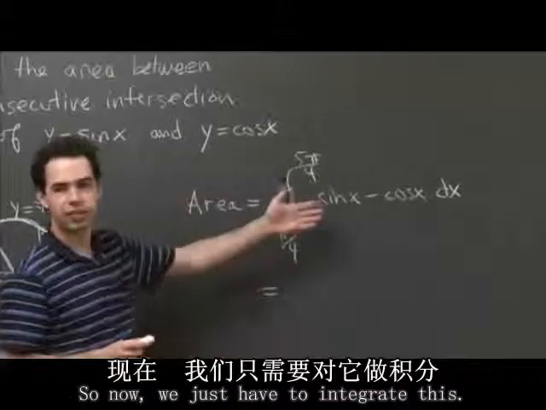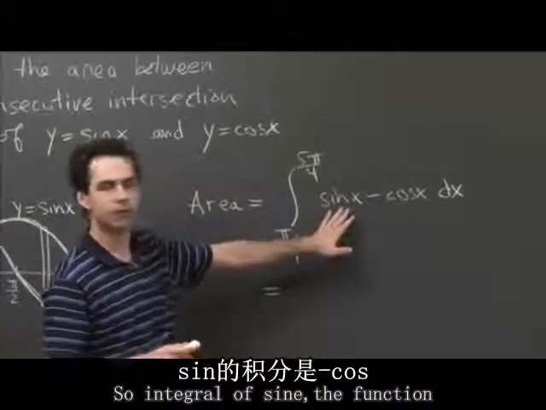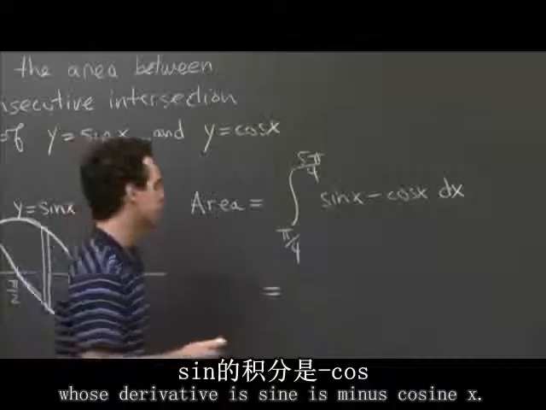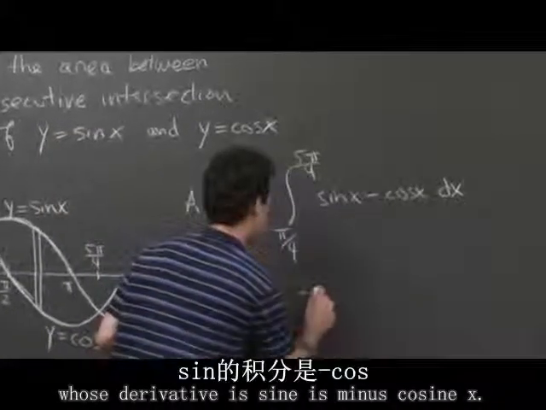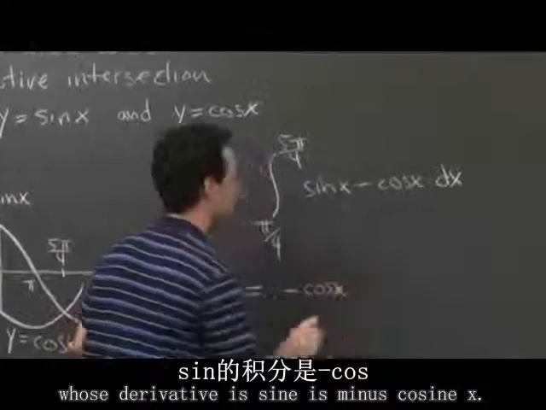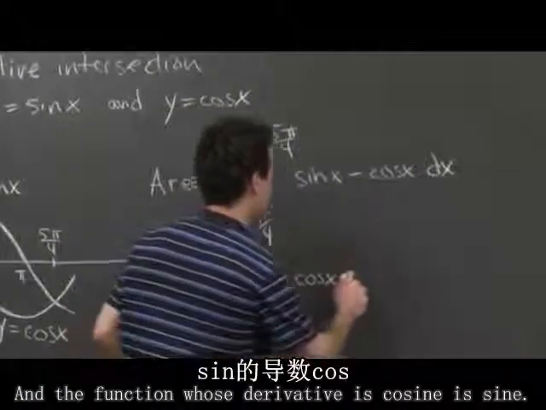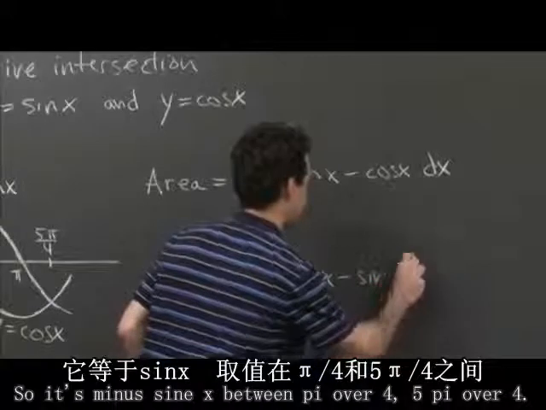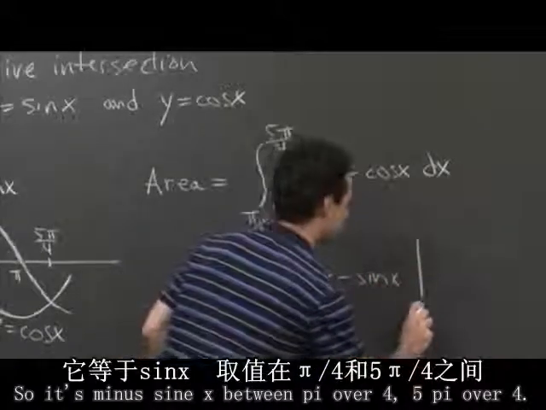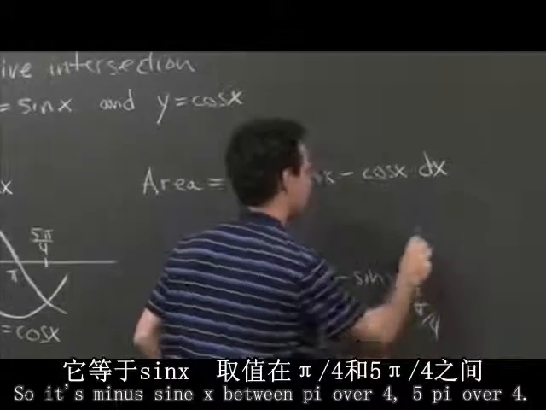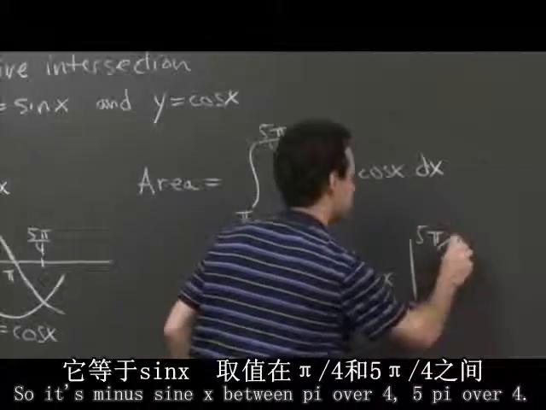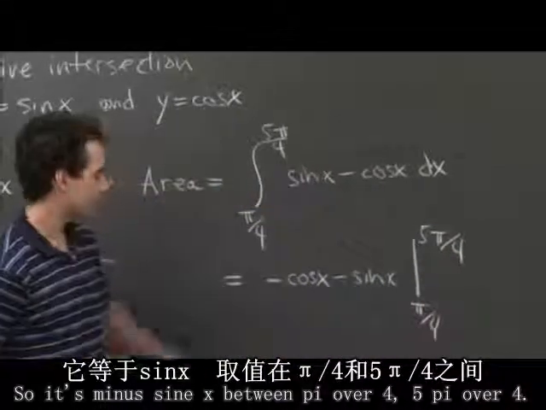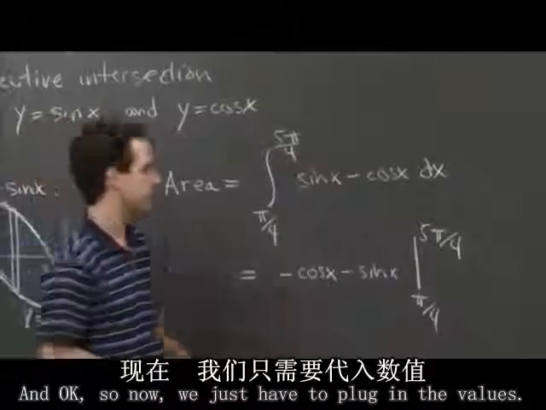Now we just have to integrate this. The function whose derivative is sine is minus cosine x, and the function whose derivative is cosine is sine, so it's minus sine x, between pi over 4 and 5 pi over 4. Now we just have to plug in the values.